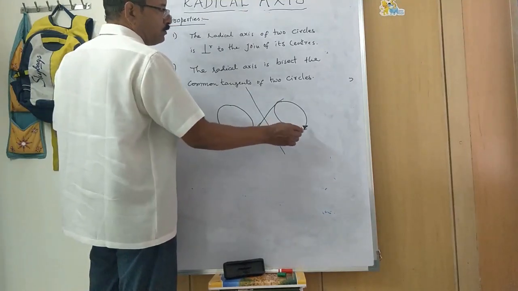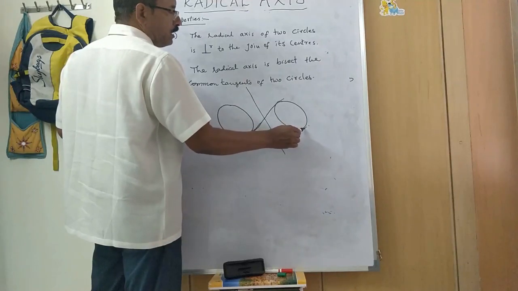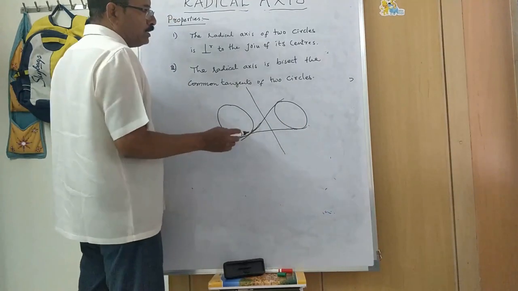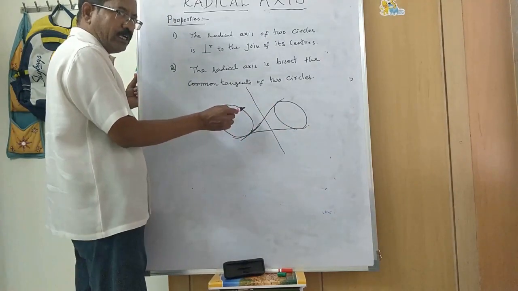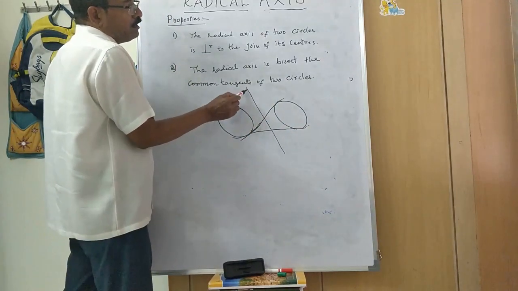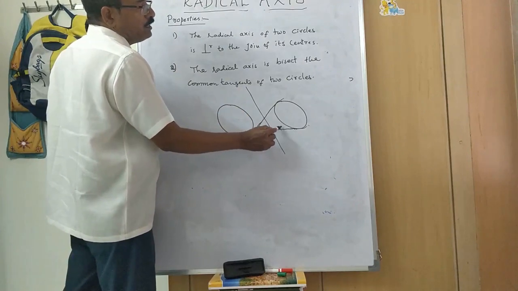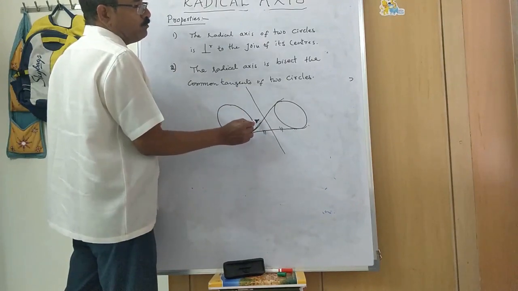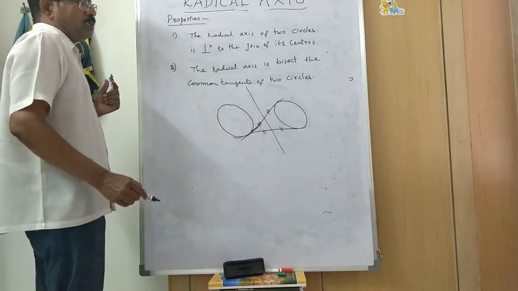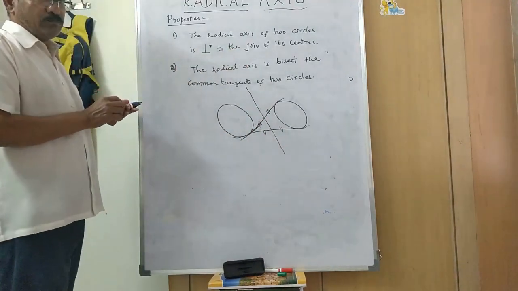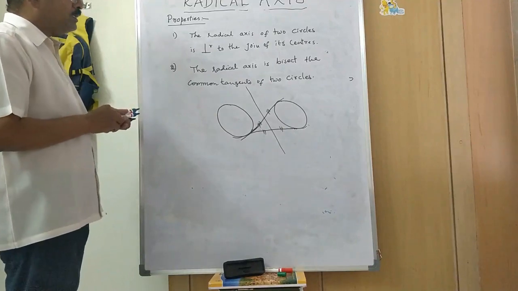This is the direct common tangent. This direct common tangent or transversal common tangent or any tangents, the radical axis divides equally, it bisects. Okay, that is this statement.